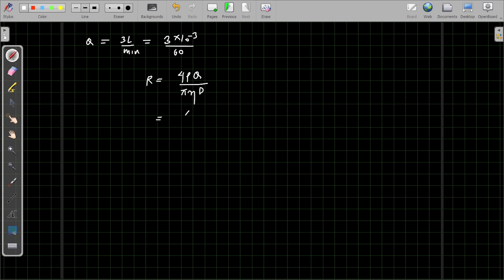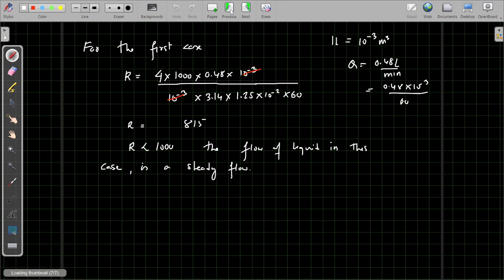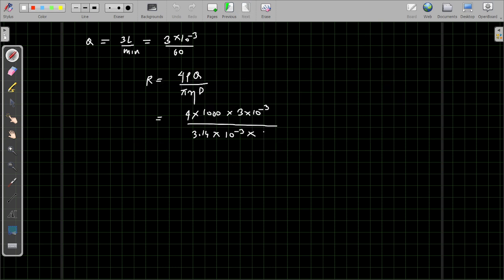So here again it should be 4 into 1000 into, this time, 3 into 10 to the power minus 3, divided by 3.14 into eta, again 10 to the power minus 3, the coefficient of viscosity of water, into diameter. Diameter again is 1.25 into 10 to the power minus 2, into 60.